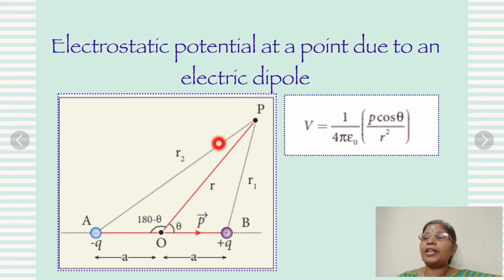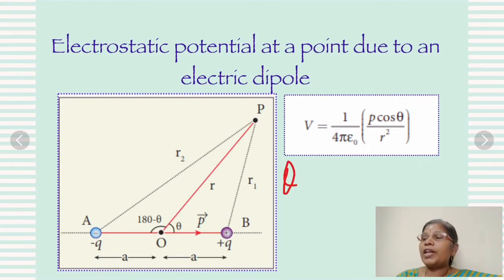You are calculating the electrostatic potential at a particular point, first with respect to the positive charge, then with respect to the negative charge, and the total potential is the sum of both. When you add, what answer do you get? V equals 1 divided by 4 pi epsilon 0 times P cos theta divided by R square.